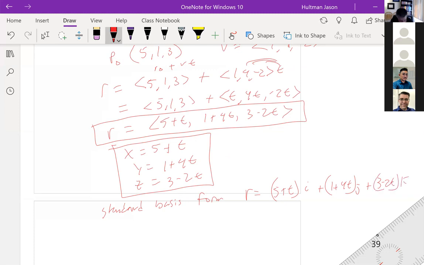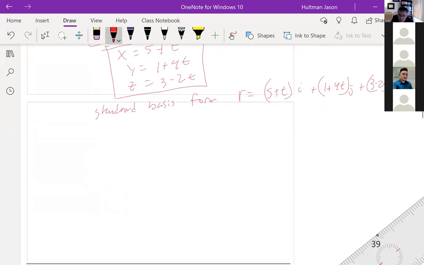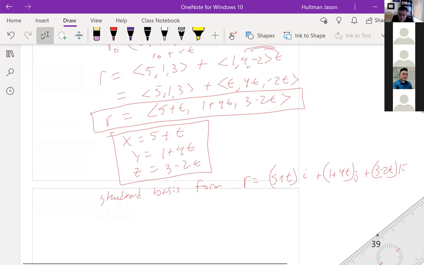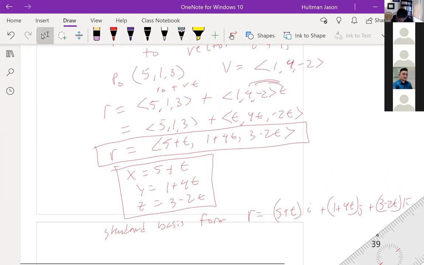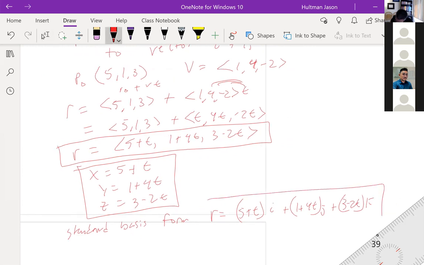Sorry, Professor, can you scroll up a little bit? Or down, I guess. Thank you. Okay, so 3 minus 2t k. So you could write it in standard basis form as well.